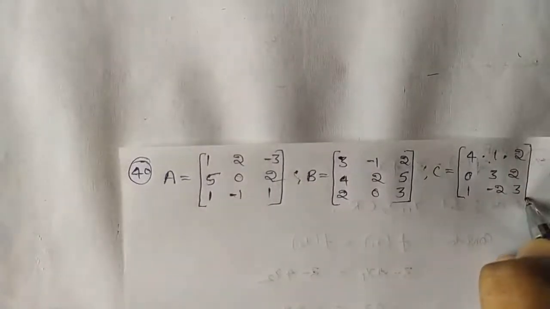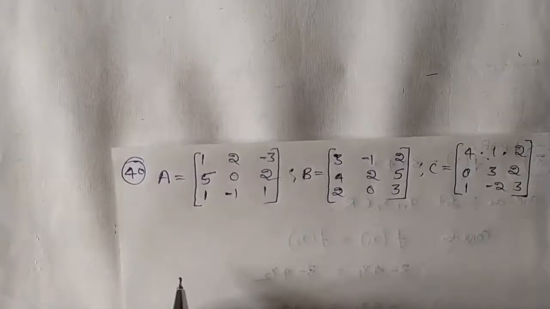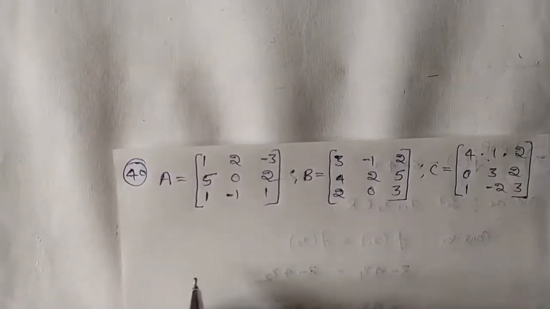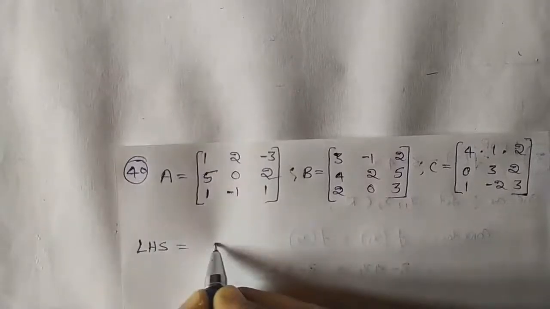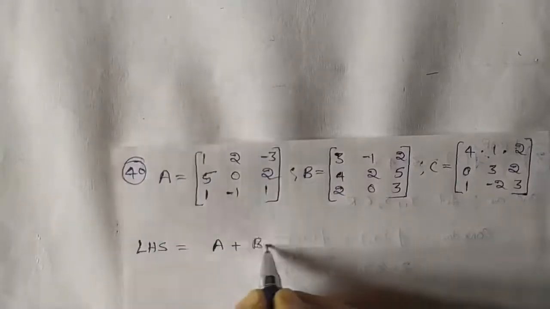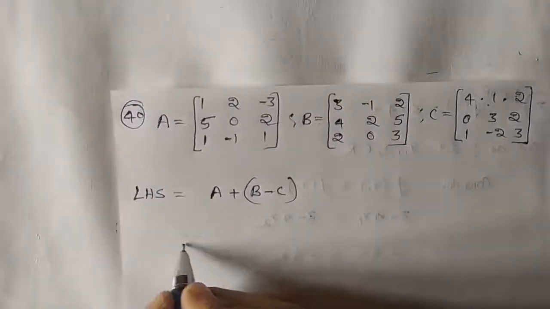We have to verify that A plus (B minus C) equals (A plus B) minus C. Let us take LHS. LHS equals A plus (B minus C). Now substitute the matrices.